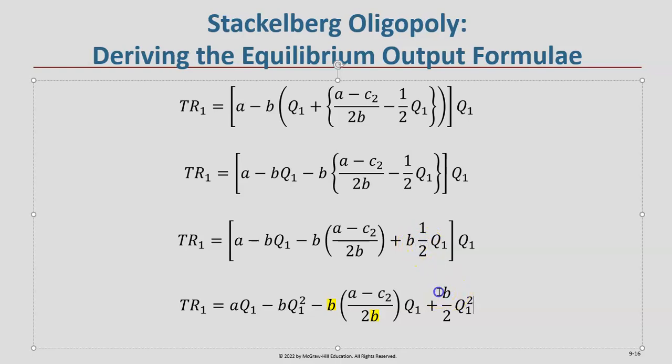B times 1/2 is B over 2 times Q1 squared. Notice that the B highlighted in the third term of this expression, those will cancel.